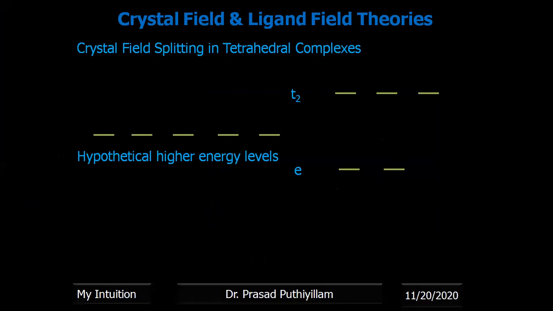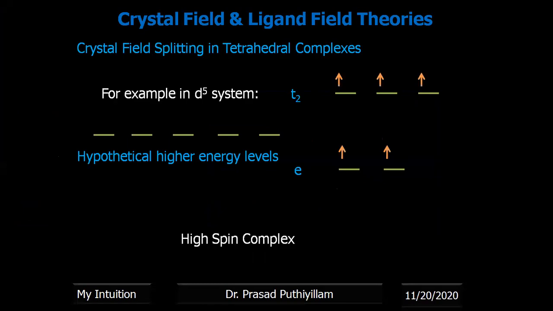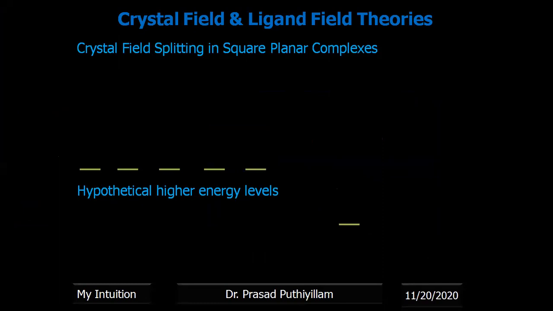So in the case of tetrahedral splitting, we have high spin complexes, singly occupied. The electronic configuration is t2 e3.